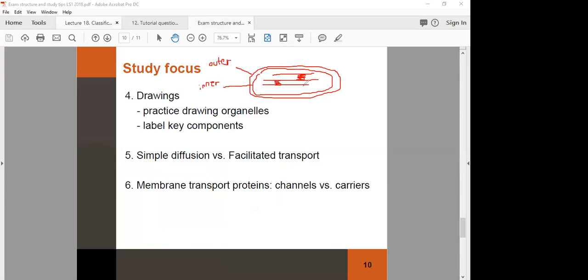So these internal membranes are called thylakoids. I know it's been a while since we did this lecture. Thylakoids. This was from the functioning cells lecture. So thylakoid membranes, and then these stacks of thylakoid membranes are called grana.